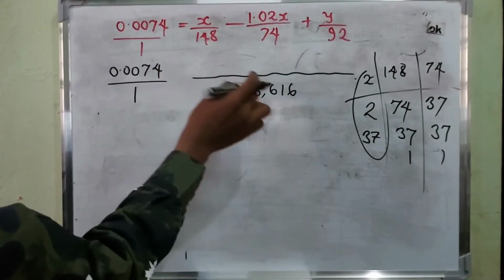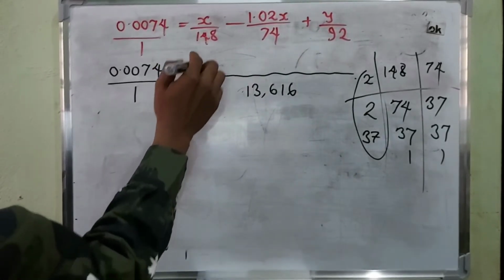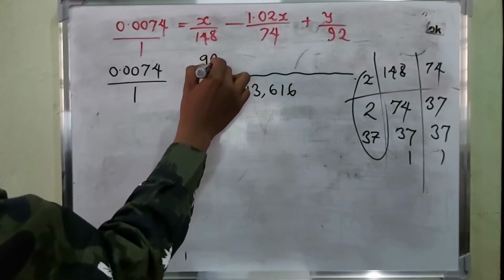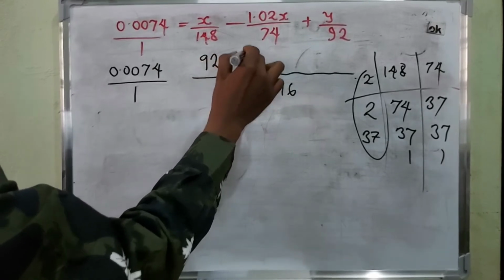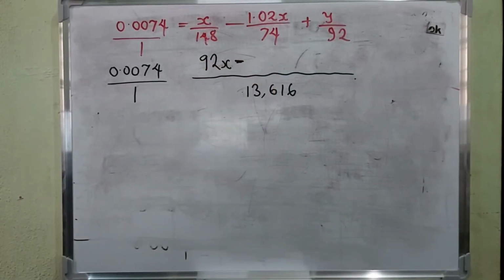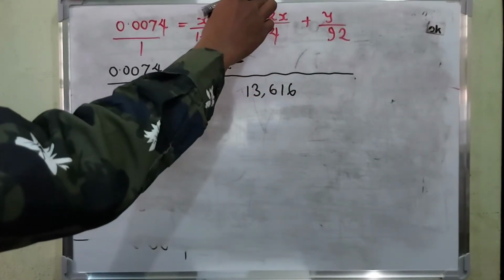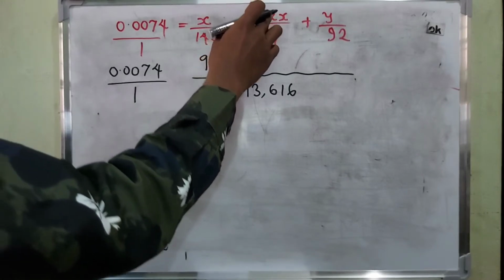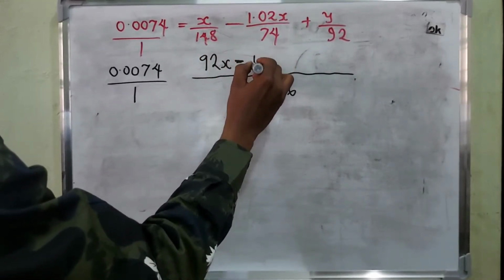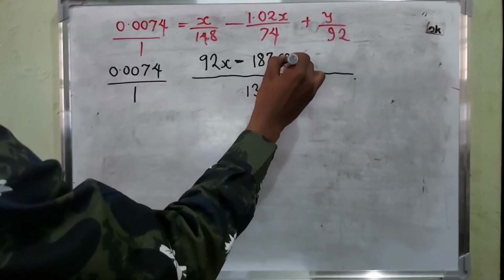So 92, this divided by that is 92. 92 multiplied by x is 92x. Put your minus sign. That will give us 184. Okay, right? Then 184 multiplied by 1.02 will give us 187.68.